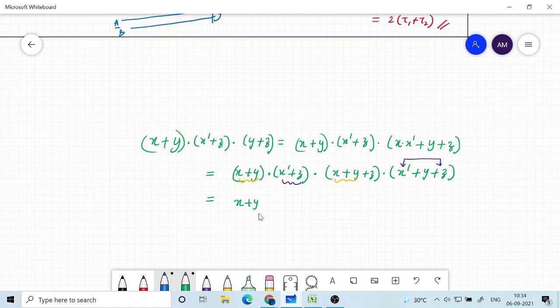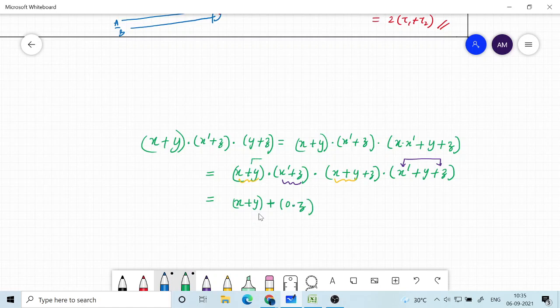So x plus y, you can treat it as (x plus y) dot 1, or rather (x plus y) plus 0.